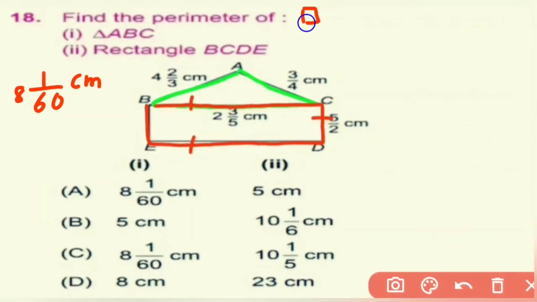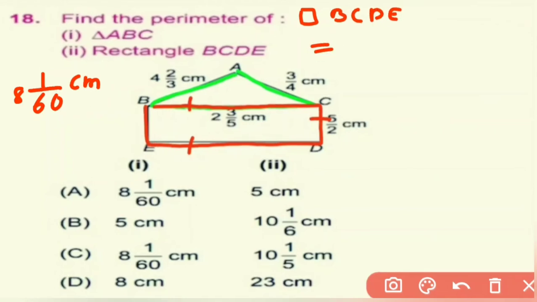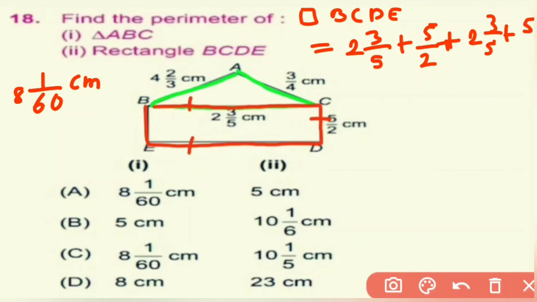Now we will find the perimeter of rectangle BCDE, which is equal to the addition of 4 lengths, means 2 3 by 5 plus 5 by 2 plus 2 3 by 5 plus 5 by 2.